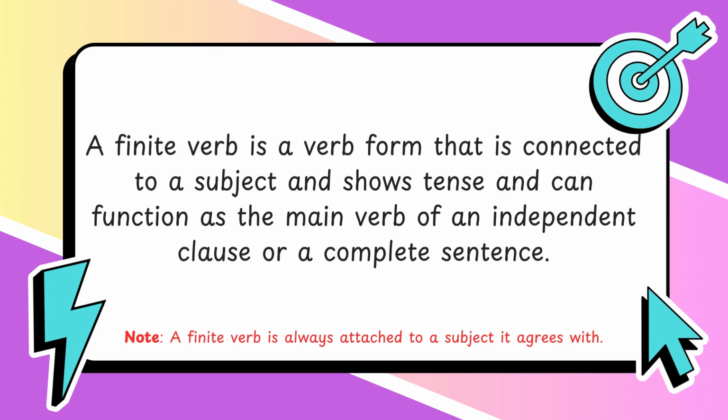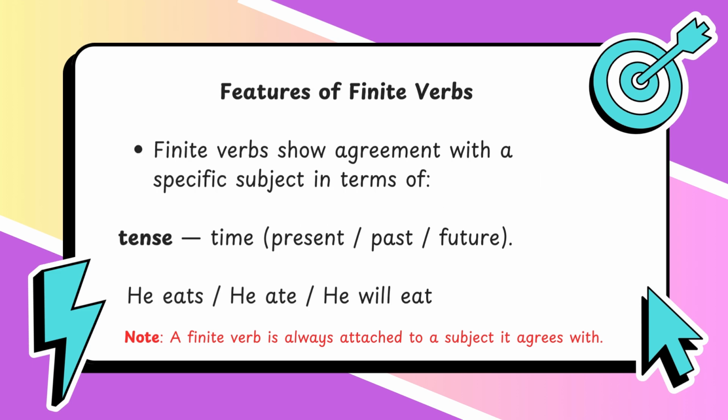So, let's see some features of a finite verb to help us identify them when we find these finite verbs in sentences. The first feature is that finite verbs show agreement with a specific subject in terms of tense, number, and person.